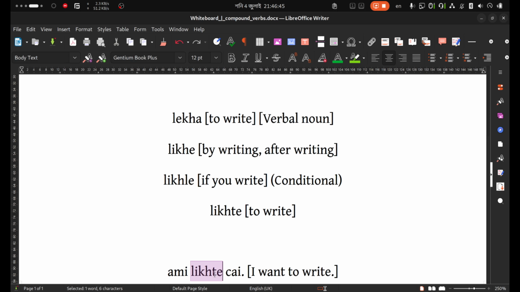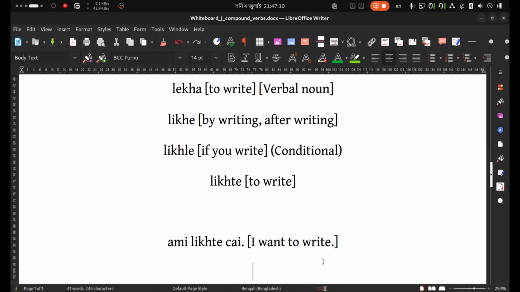It would be better if I consider likhte a verbal noun and chai a separate verb. It does not behave like a compound verb. Just likhte chai. I want to write. And the one we just saw, likhe now.